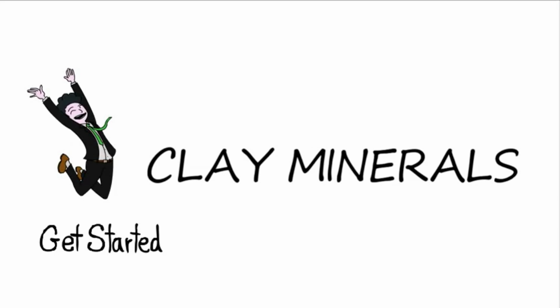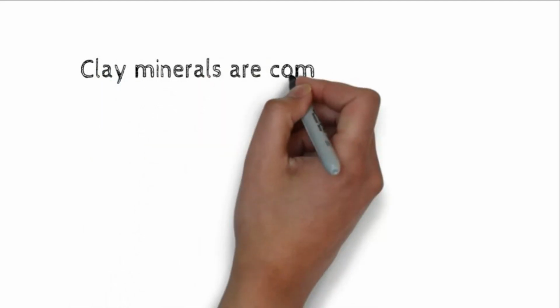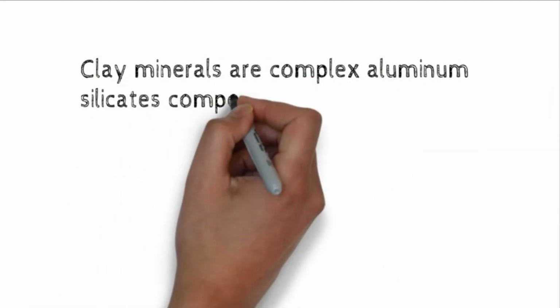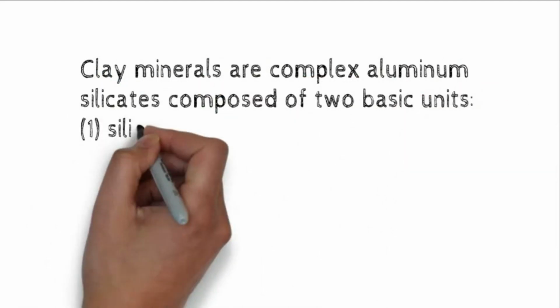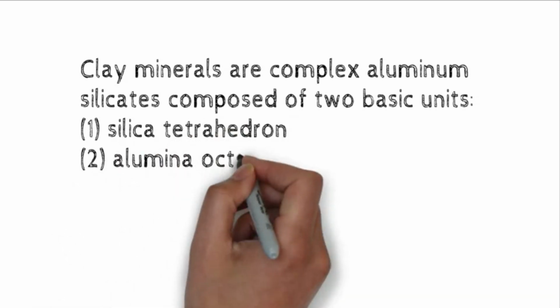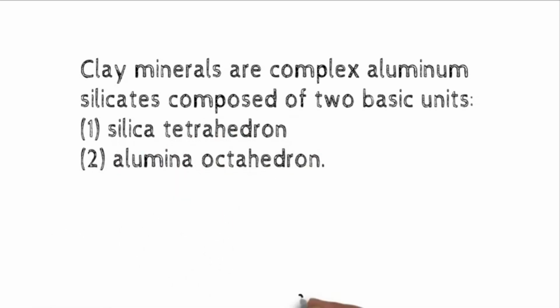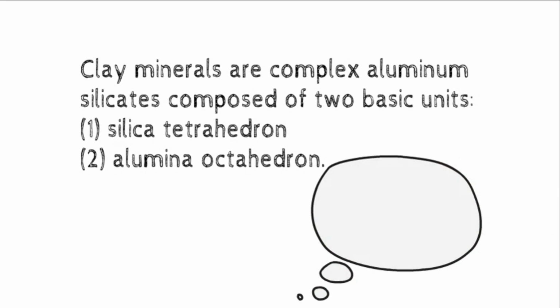Clay minerals are complex aluminum silicates composed of basically two units, namely the silica tetrahedron and the alumina octahedron. Friends, we have to know these and not get confused between silica tetrahedron and alumina octahedron.